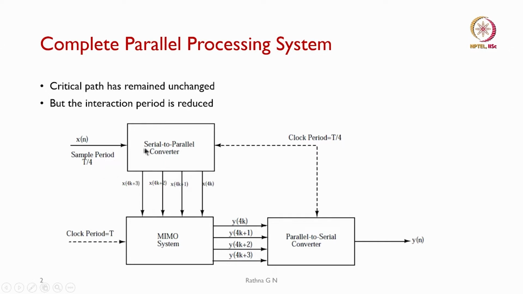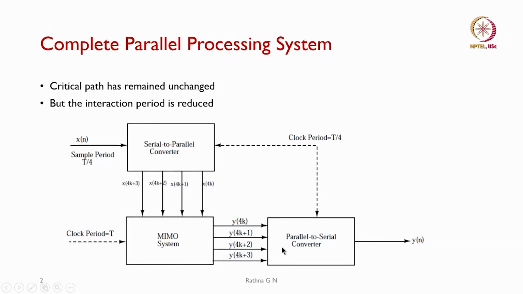Then we go for a serial to parallel converter, and we get x of 4k plus 3, x of 4k plus 2, x of 4k plus 1 and x of 4k. The clock period is going to be T for this multiple input, multiple output system, and all 4 outputs come out in parallel.